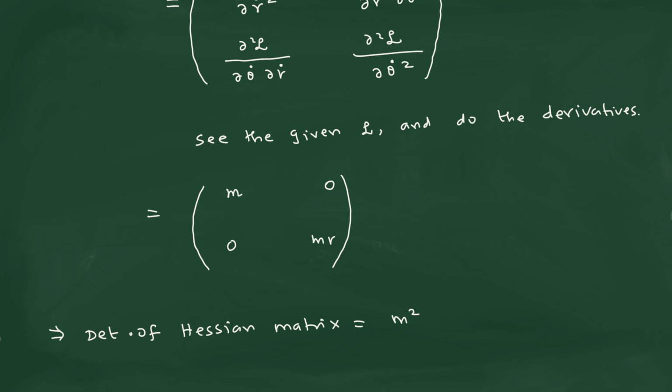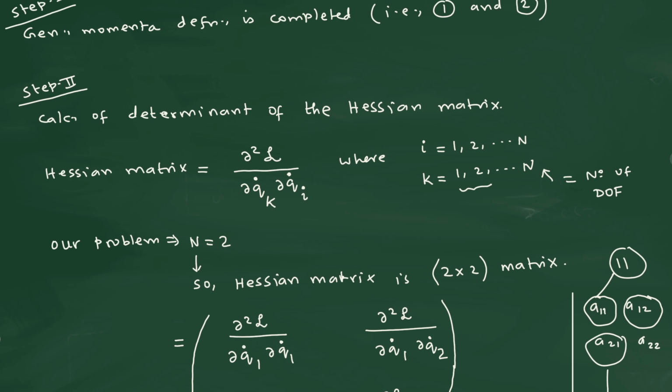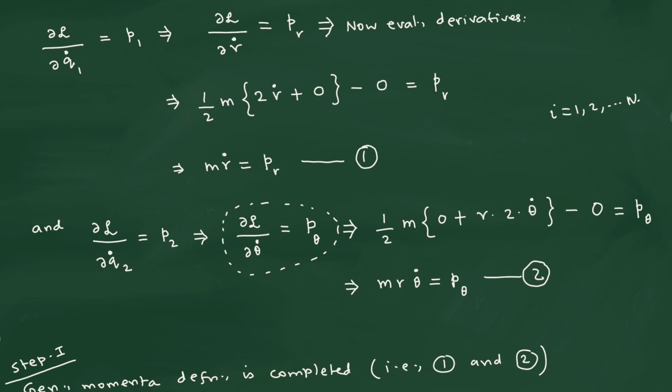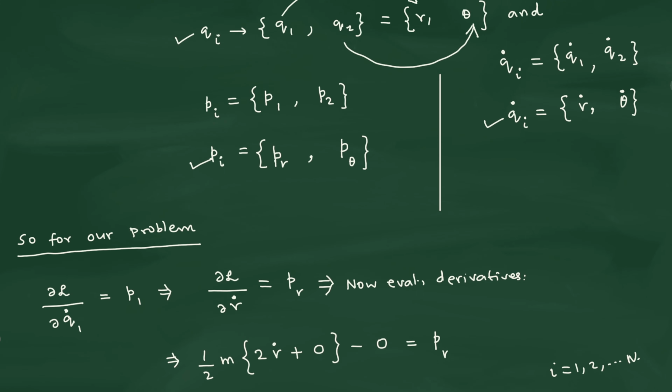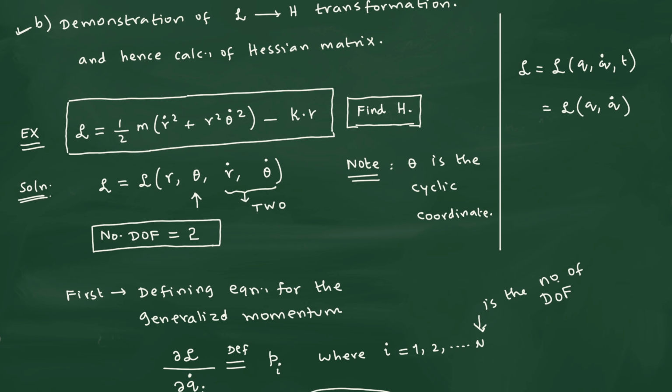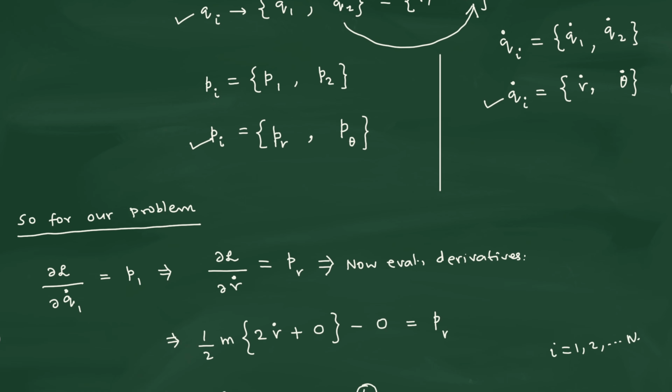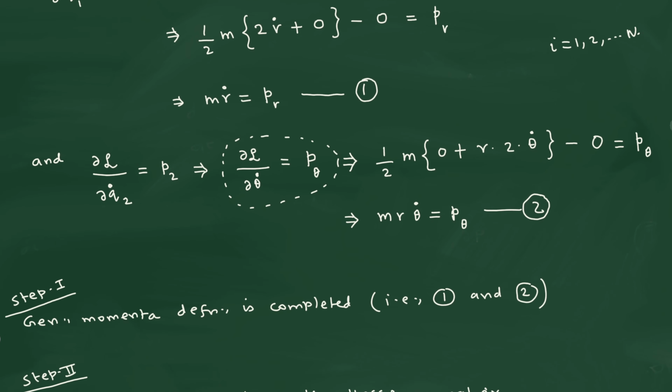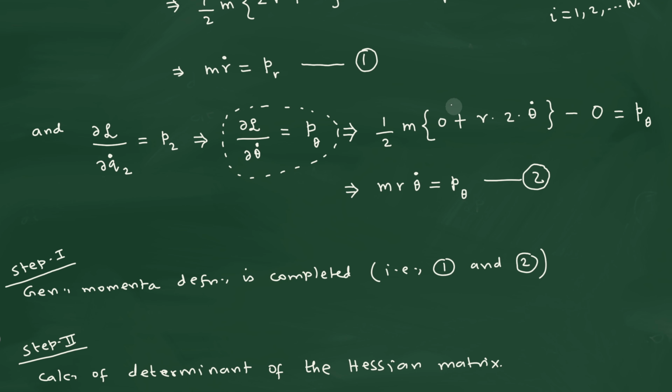You check whether it is m into r. Yeah, there is a 2, r square. So that's r square, right?